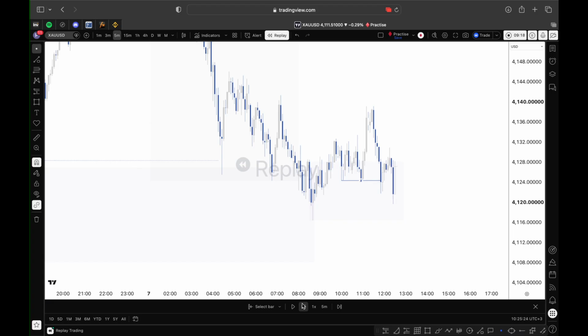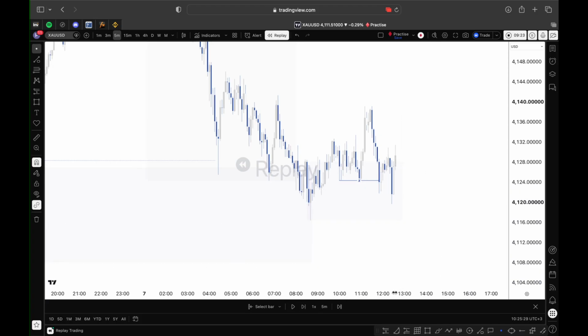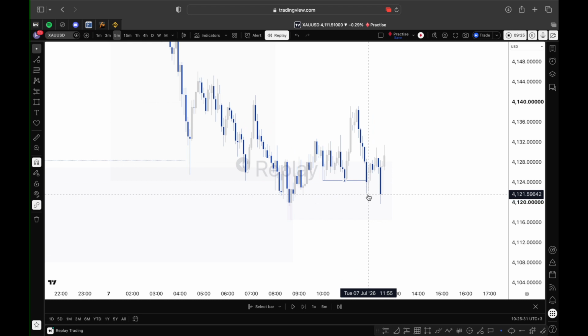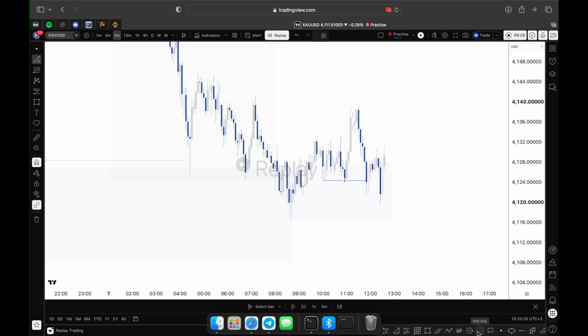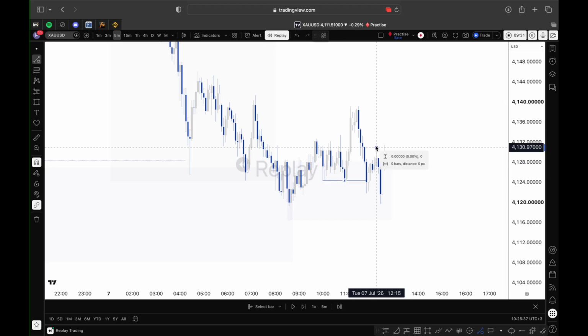Okay, nothing. Okay, now we are having something. That was a quick one, but you can see price pushed past this low, meaning the M5 choch line was at this high here.